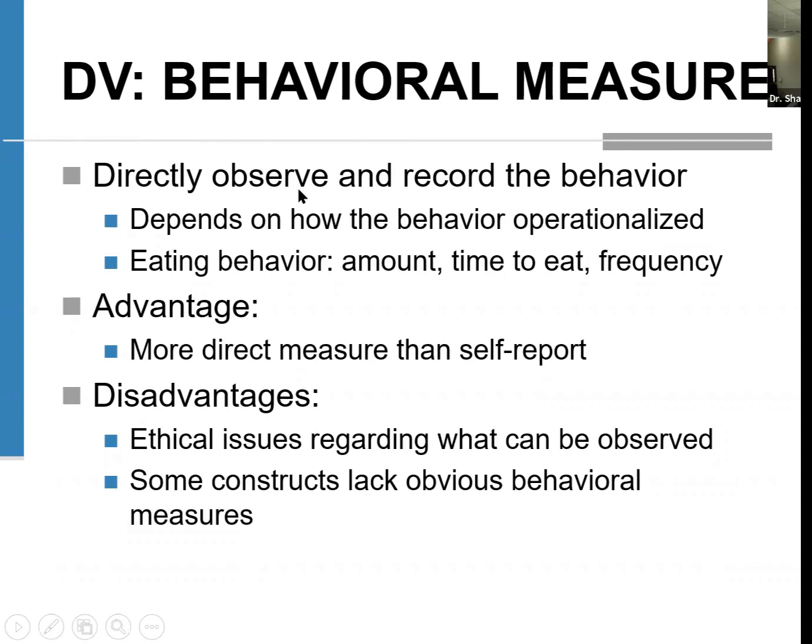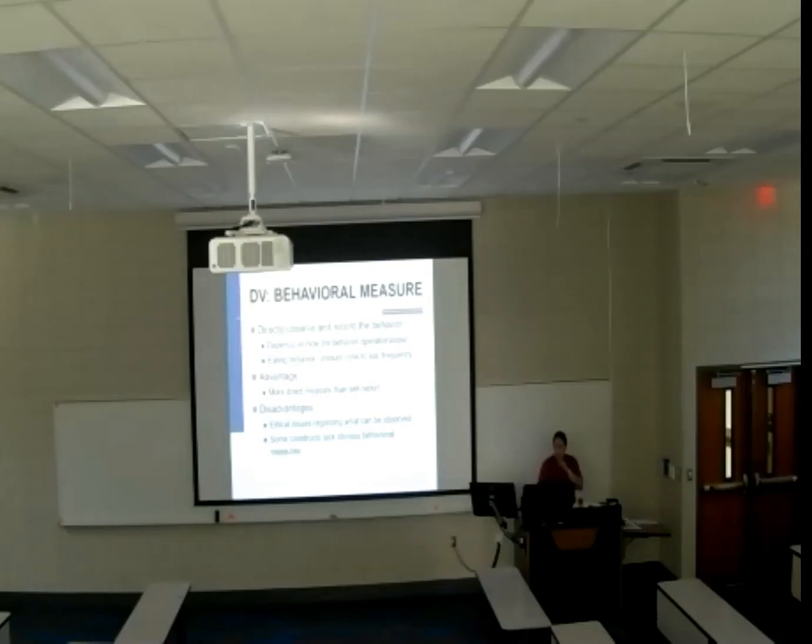It's because we can directly observe and record that behavior. Right, so I can use, for example, if I want to measure their heart rate, if I want to measure your blood pressure. If I want to measure how many times you blink while in a lecture, how many times do you fall asleep in a lecture, right? So that's something I can actually record.